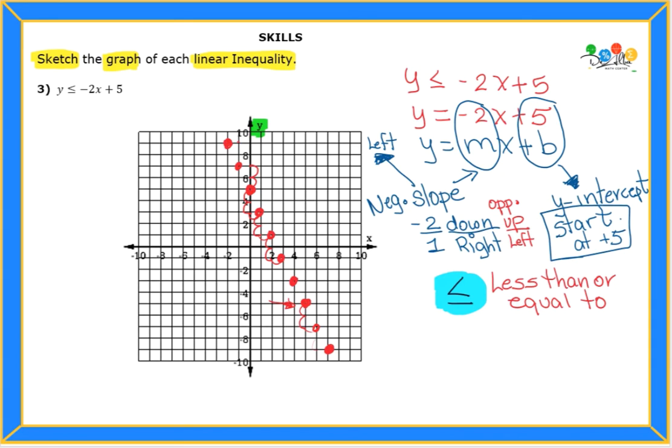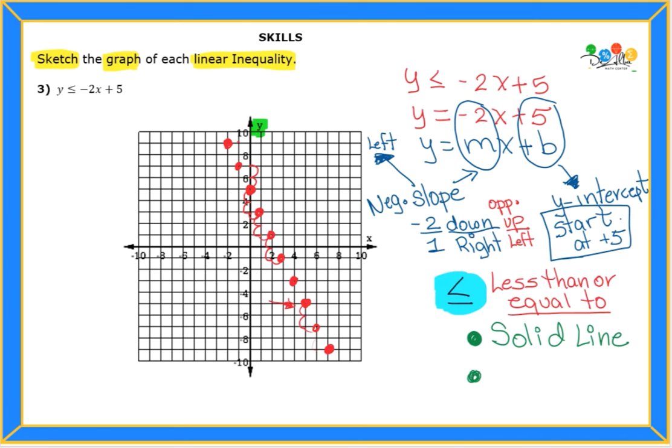Now, the fact that I see the words equal to should remind me of something very important. First of all, if my inequality has the little line that refers to the equal sign, then that means that my line will be a solid line. So I can connect all the points, make it look like a solid line.